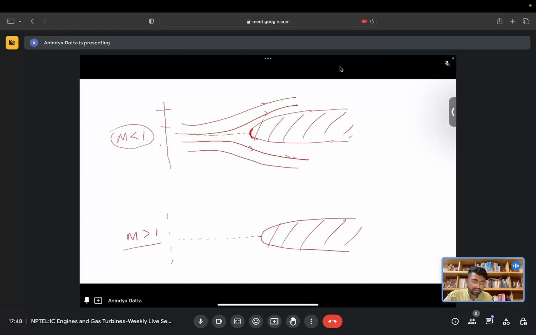That generates some pressure waves, which move upstream to communicate that this obstruction is present. But since the flow velocity is higher than the pressure wave velocity, the pressure wave cannot communicate the information throughout the upstream flow that some obstruction is present.